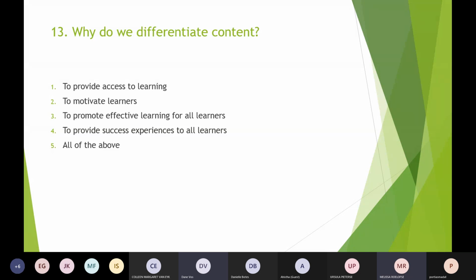So that's why I really think all of the above, but motivation and provide access to learning, maybe that's just the add-on. I don't know, because it does motivate learners if you teach the concept in a different way. When you say why do we differentiate content, what do you mean by differentiate? Is it teaching them in different ways? So adjusting your teaching methods to their learning styles, or what do you exactly mean by differentiate?